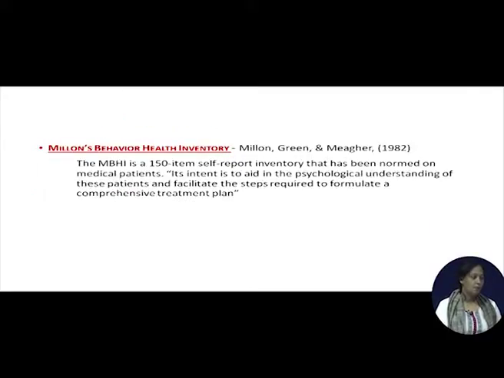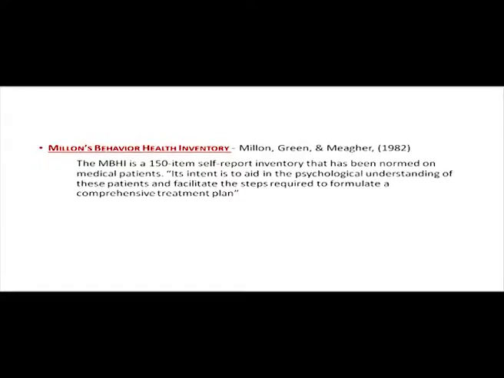Now, another very popular scale is known as Millon's Behavioral Health Inventory, and again it is a very extensive scale. It has around 150 items, and it is a self-report inventory. A self-report inventory is something where the individual responds himself, writing down whatever is going on in his life.